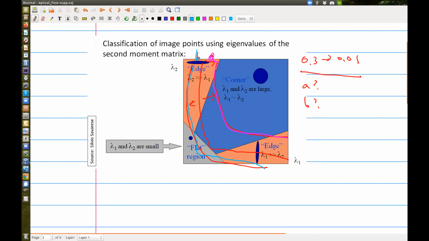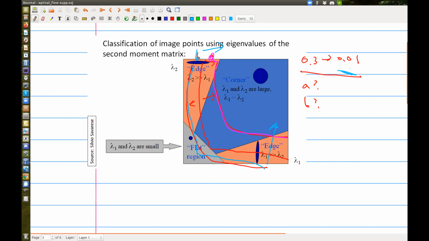I guess this time most of you are correct. If I decrease this quality level, as you can see, I get more points here. Everything on this side of the boundary is considered a corner or a good feature to track.